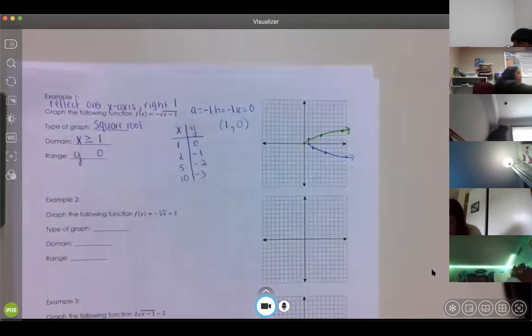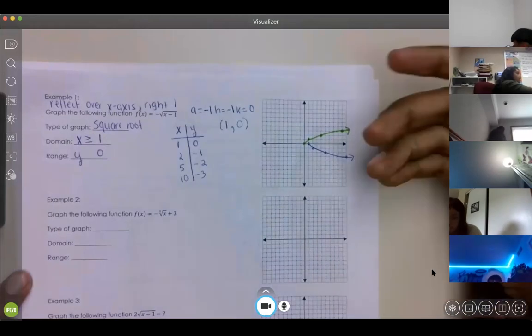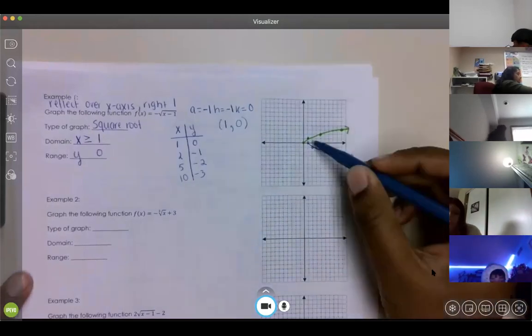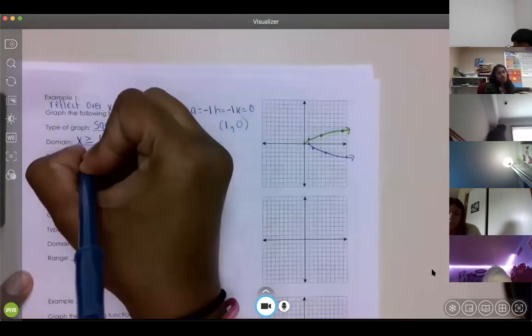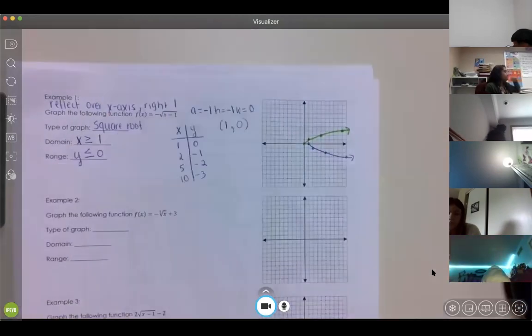But you'll notice that when we flipped it, all of my numbers are now below 0, so they're less than 0. Anytime you have a reflection, you also need to flip the inequality. So it's y is less than or equal to 0. Questions on that?